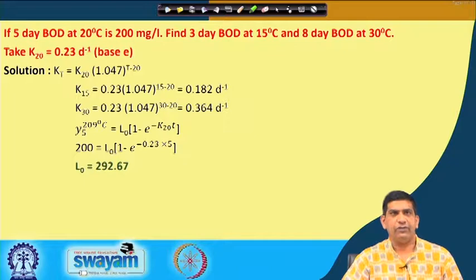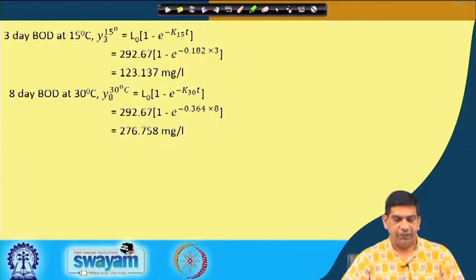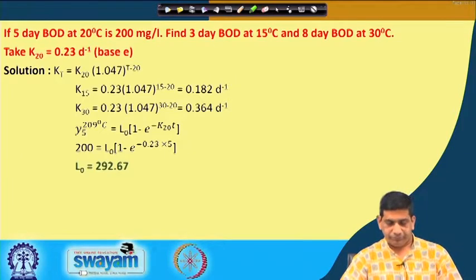We got L0 as 293, and then you can plug in those numbers. This is L0, the 3-day BOD, and then the 5-day BOD can be calculated accordingly, and the 8-day BOD gives us those values.